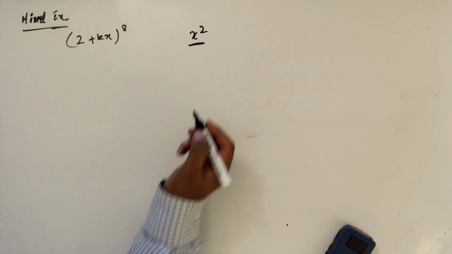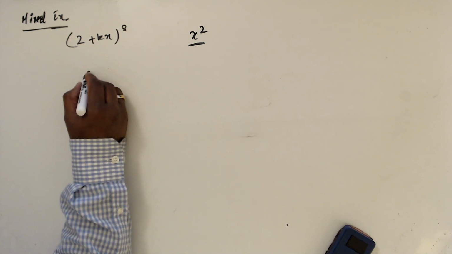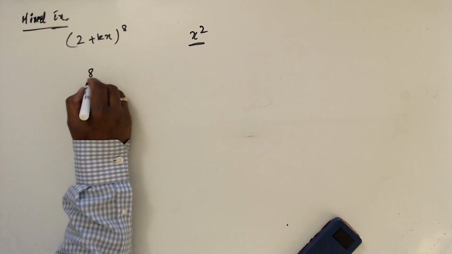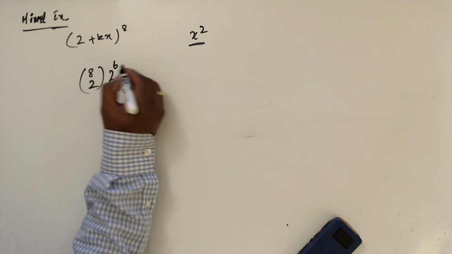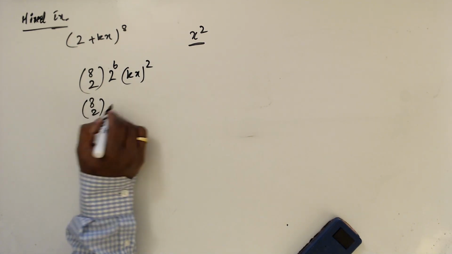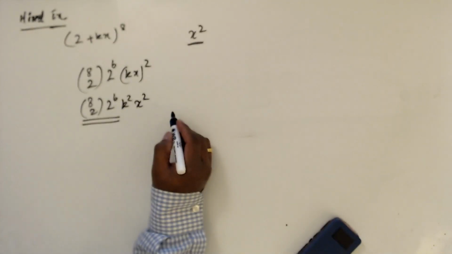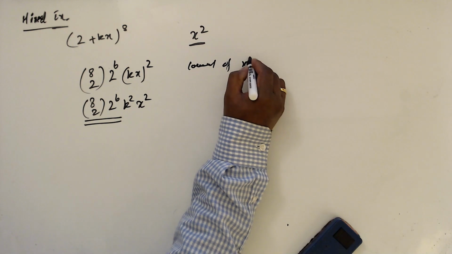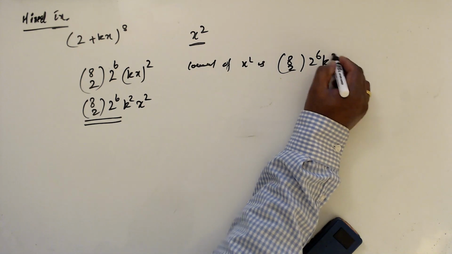We want to write the x squared term to get the constant. So that is going to be C(8,2) times 2^6 times (kx)^2, then C(8,2) 2^6 k squared x squared. So this is the term. So the coefficient of x squared is C(8,2) 2^6 k squared.